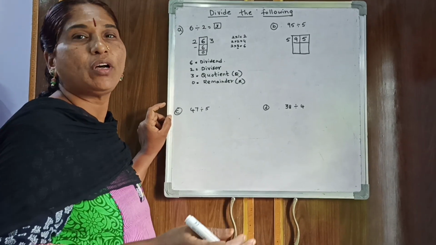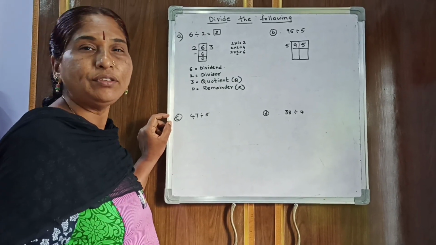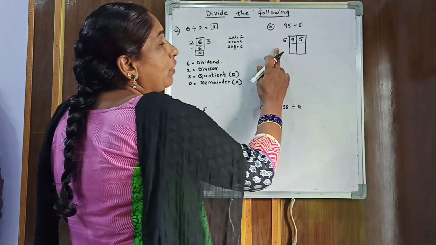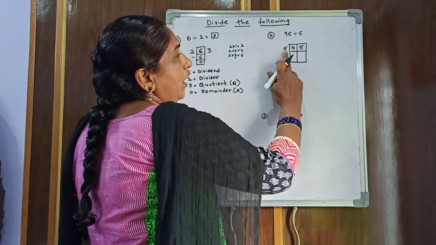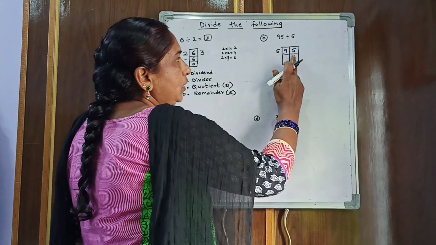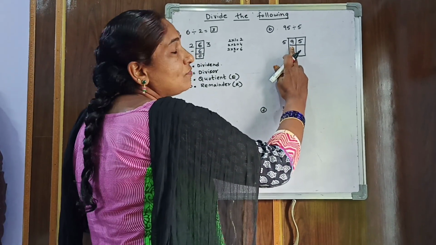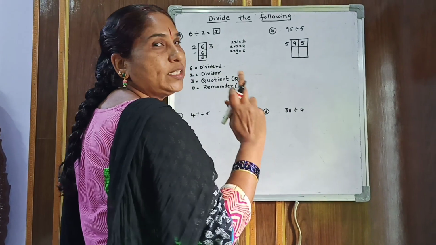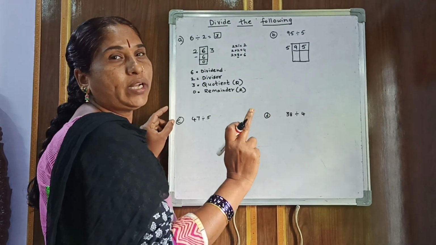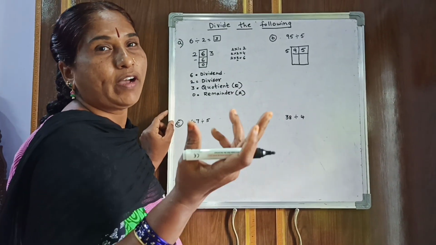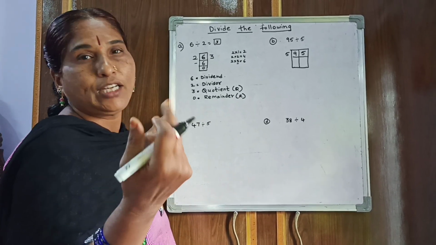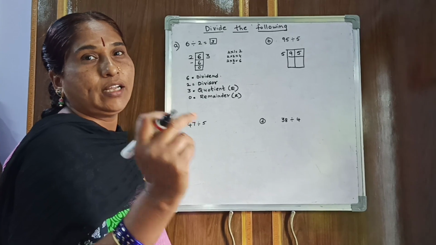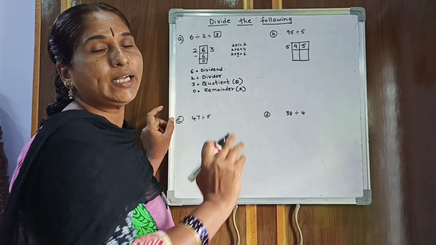The 5 table, the one you are dividing with. When you have 2 digits, you have to take only the first single digit. Don't directly read 5 tens are 50, 5 11s are 55, 5 12s are 60. No need of reading like that. Take only a single digit.